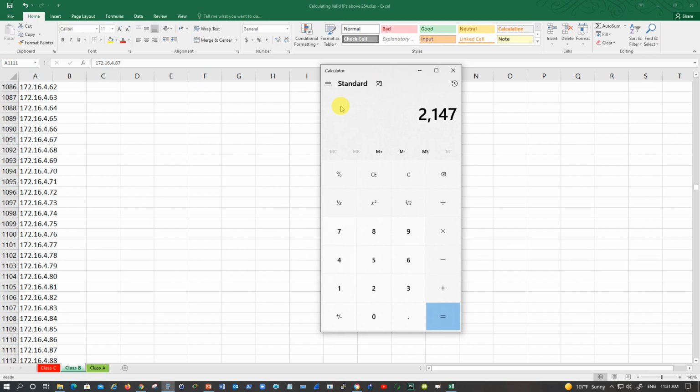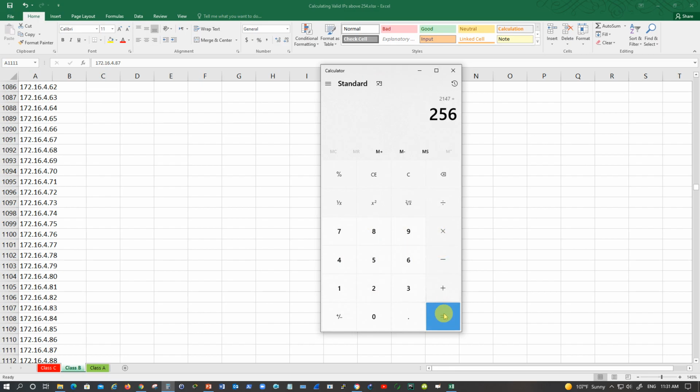Likewise, if I want to randomly calculate, for example, address number 2147, I'll say divided by 256, minus the same number, multiplied by 256. Let me revise. 2147 divided by 256.